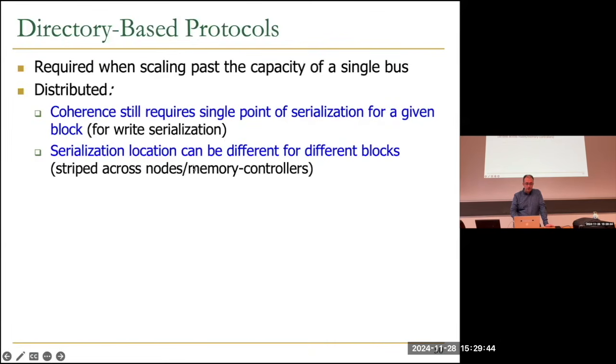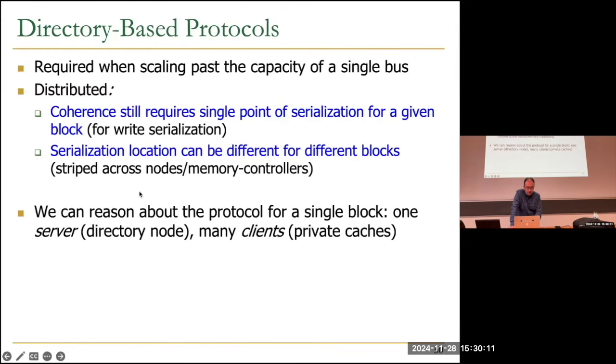So the serialization location can be different for different blocks, meaning that the metadata for different cache blocks can be stored in different parts of the directory. Then the point of serialization is different for every cache block, but still there is a serialization point of view.